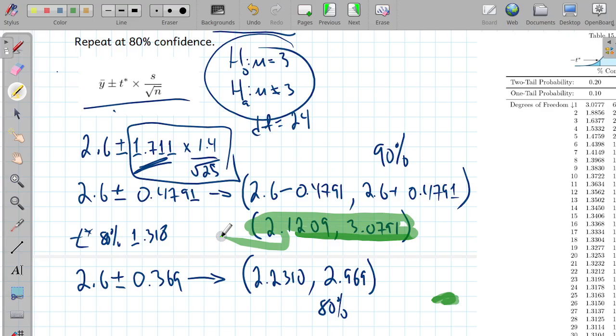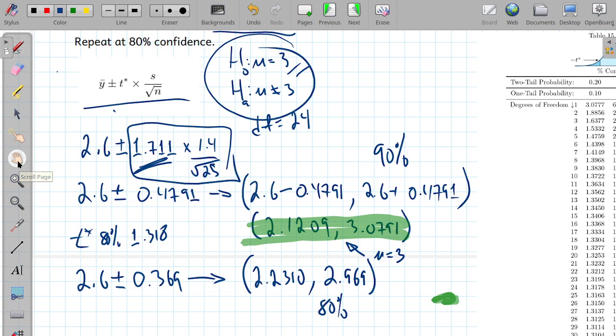What do we notice here? We notice that the hypothesized value of 3 is in here. Mu is equal to 3, and it is inside the interval.